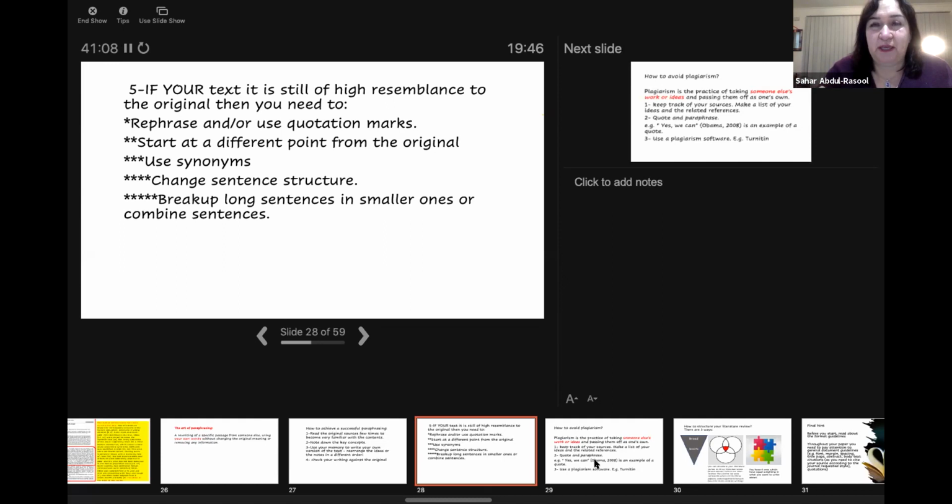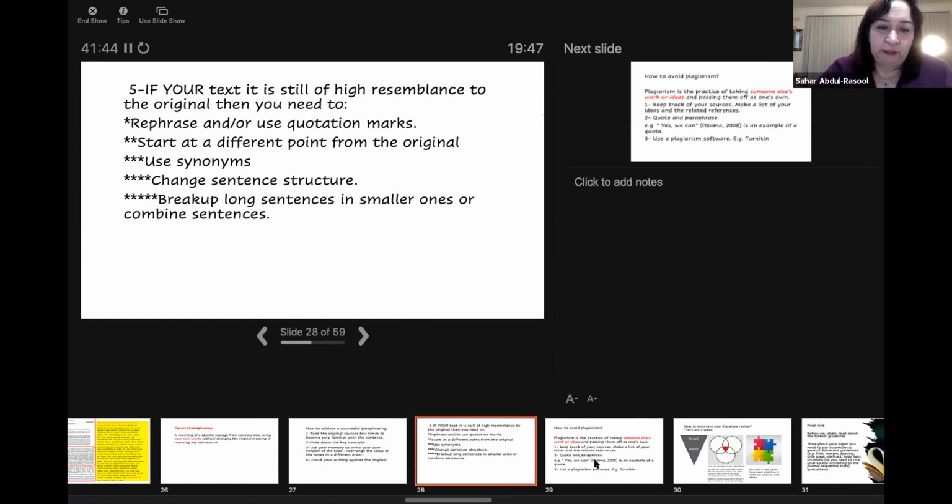So instead of saying "Al-Mansur built Baghdad," you say "Baghdad was built by Al-Mansur." You change the sentence order. You break up long sentences into smaller ones. You might combine sentences by using linking words, and then hopefully your text will look different from the original text. So two important things that we have to worry about are the structure of the paragraph and the paraphrasing.